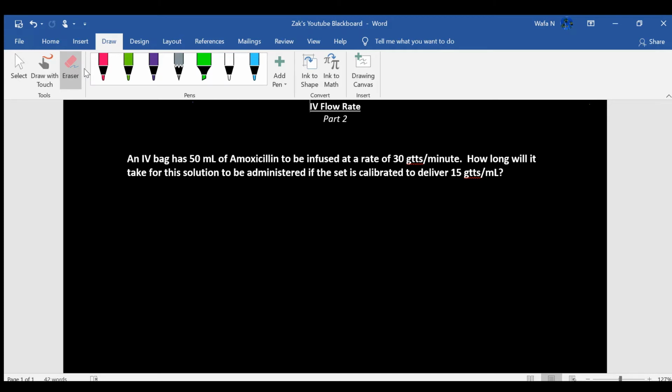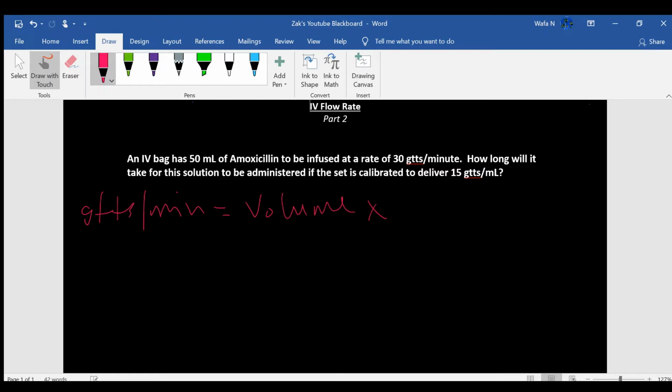So let's go ahead and set the formula up real quick, okay? The formula goes: drops per minute equals the amount of the drug, which is the volume, times the amount in drops per milliliter, divided by the time needed to infuse.